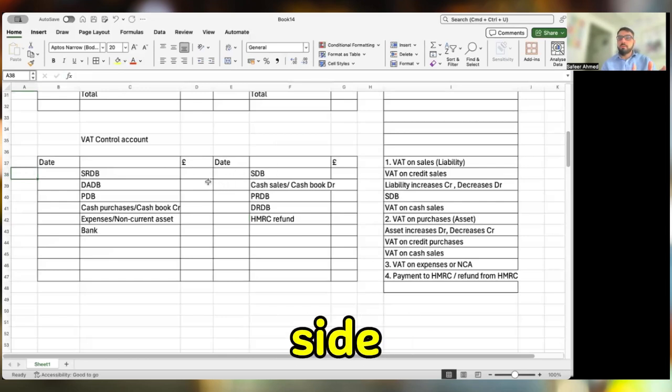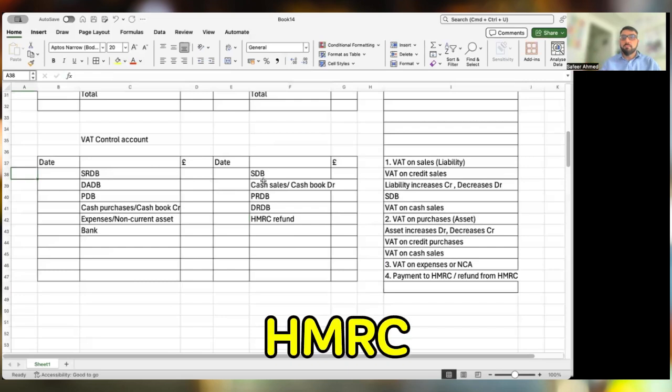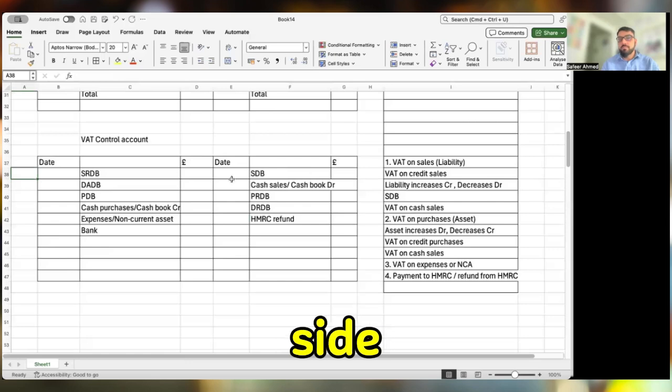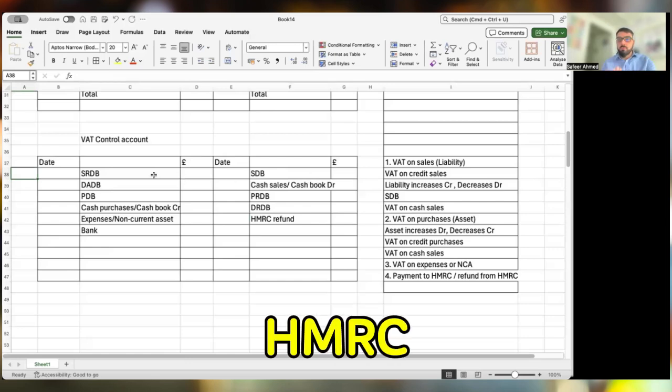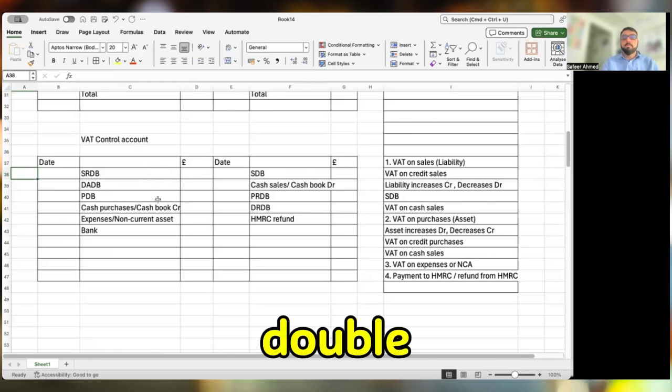So it could be on the debit side, it could be on the credit side, depending on what they give you. So if the business owed HMRC at the beginning of the month, then it will go on the credit side. If HMRC owes the business, in other words a refund, then it will be the debit side.